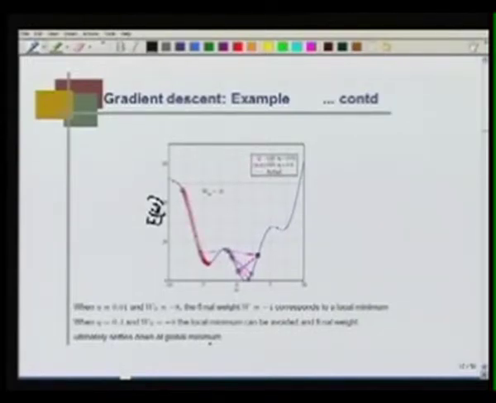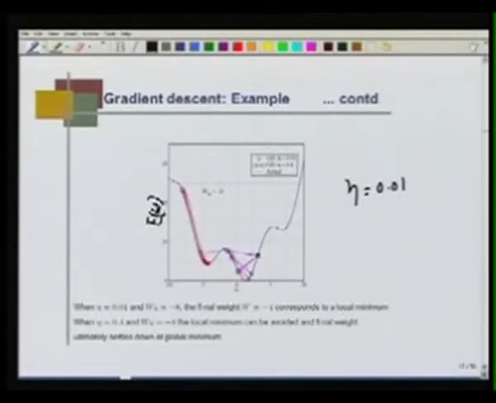Interestingly, if I use a learning rate eta equal to 0.01, which you are seeing as the red circle one, and start from W naught equal to minus 8, it comes down and slowly converges at this point and does not go from there. So, it actually converges to a local minimum.